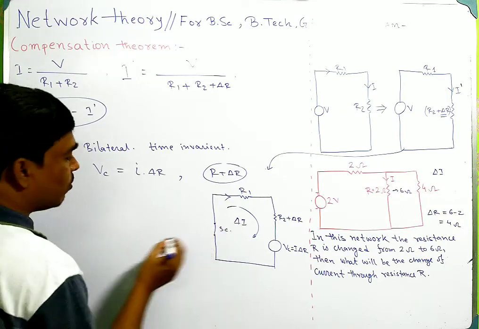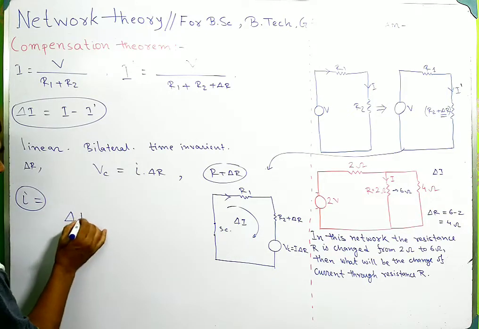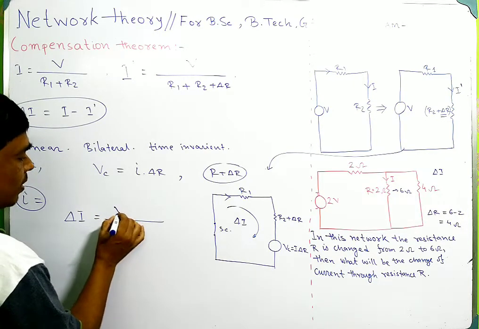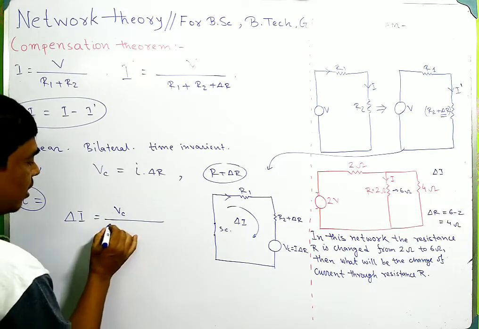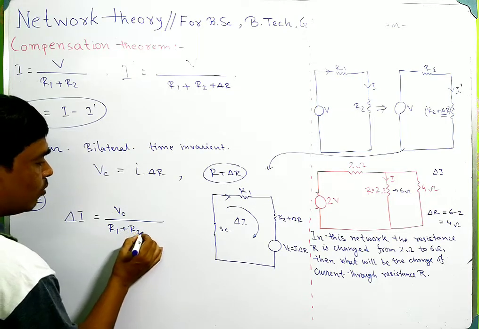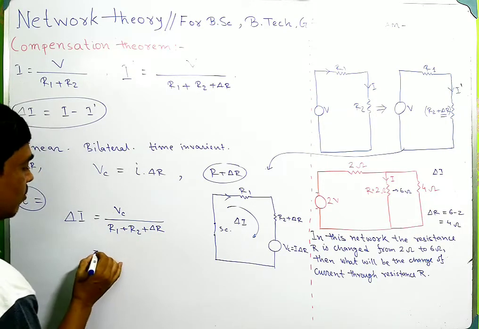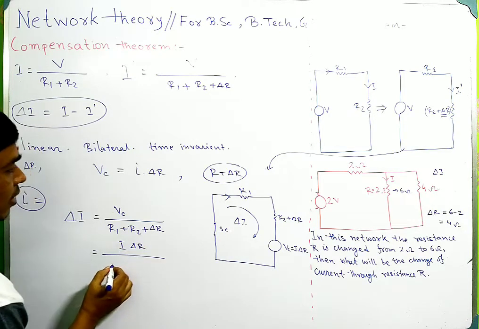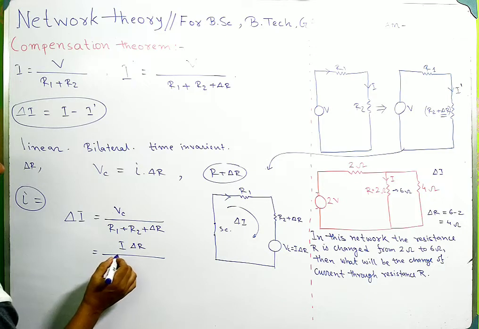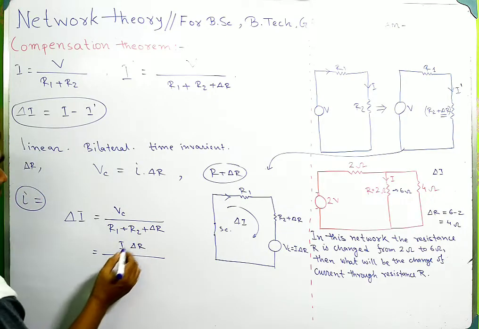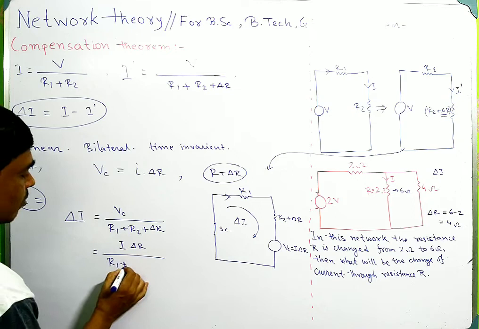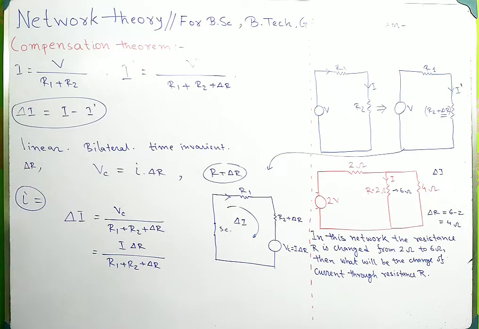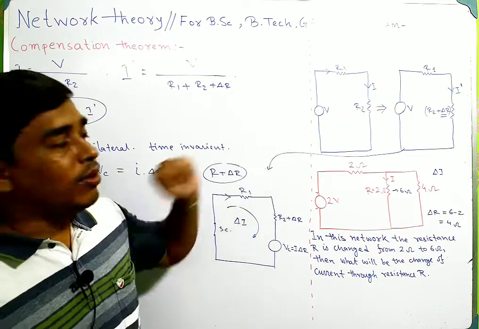So from this network we can say that change in current is equal to Vc divided by R1 plus R2 plus del R. That means I into del R divided by R1 plus R2 plus del R. This is the compensation theorem.